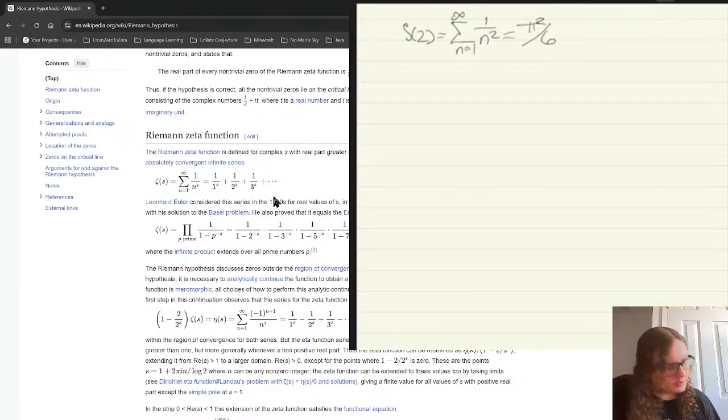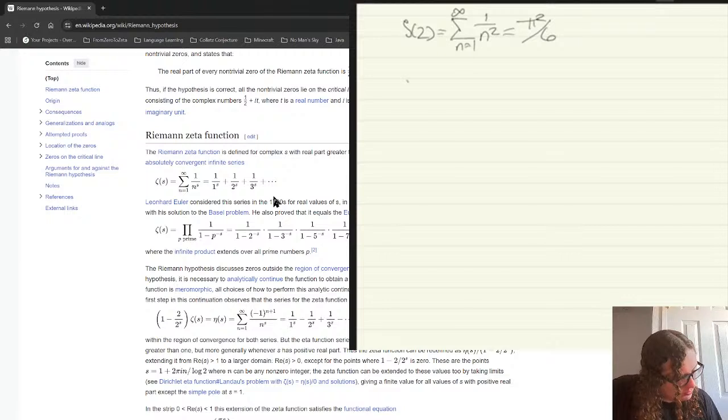So we're going to group the zeta function slightly differently. We have it as 1 over 1 to the s plus 1 over 2 to the s plus 1 over 3 to the s, and so on. So we're just gonna rearrange it a little bit.